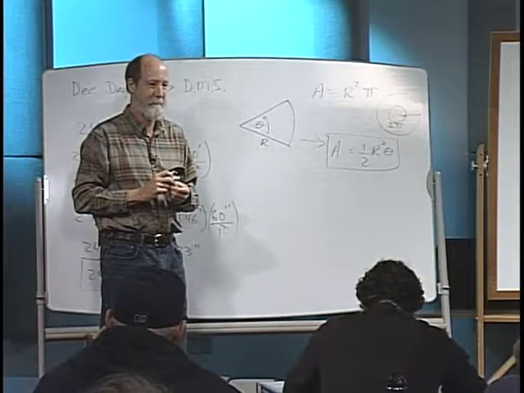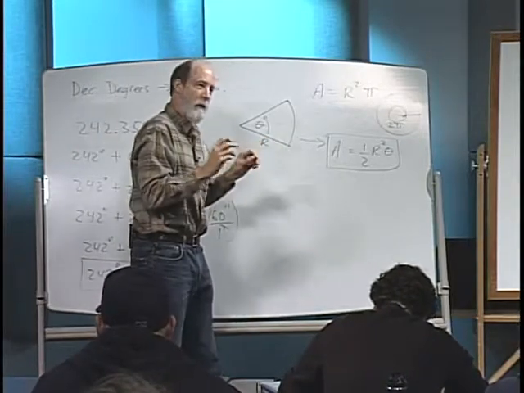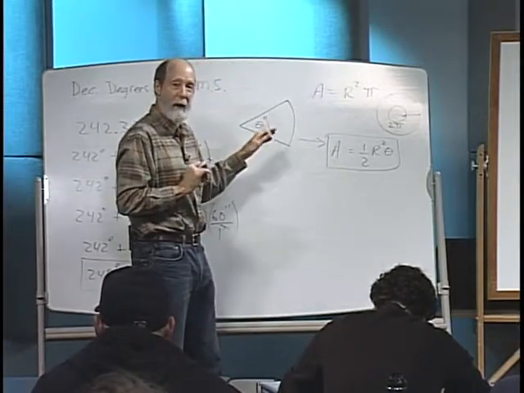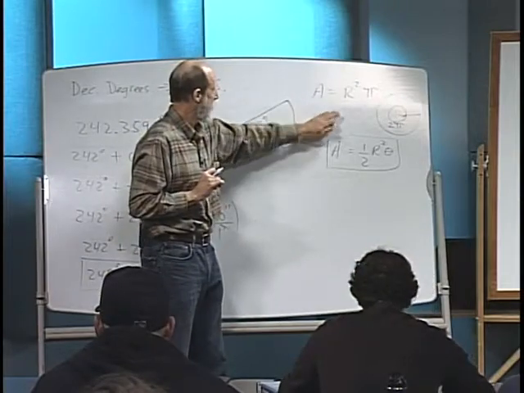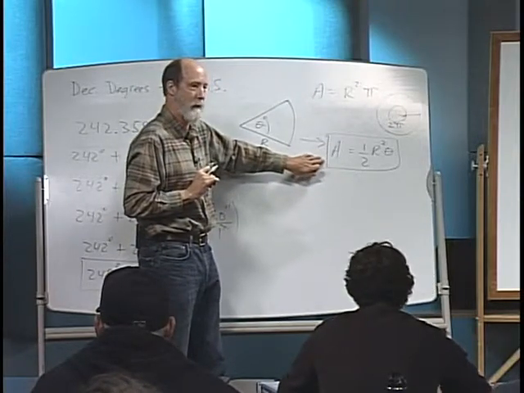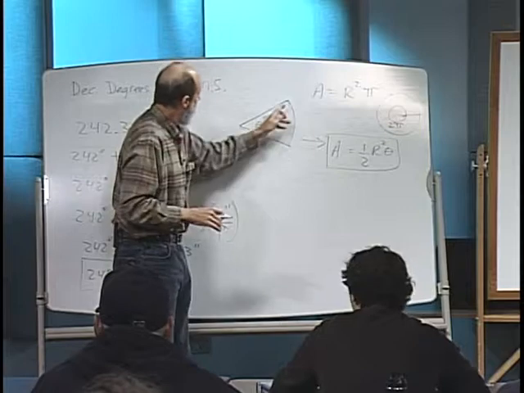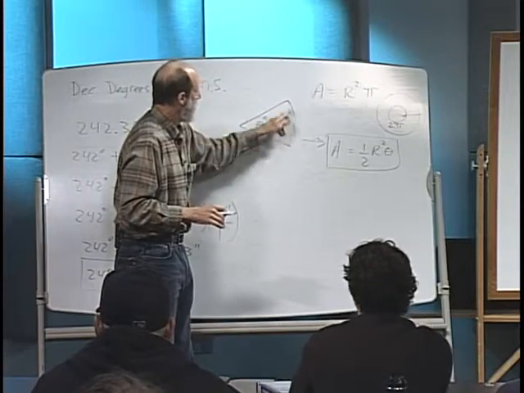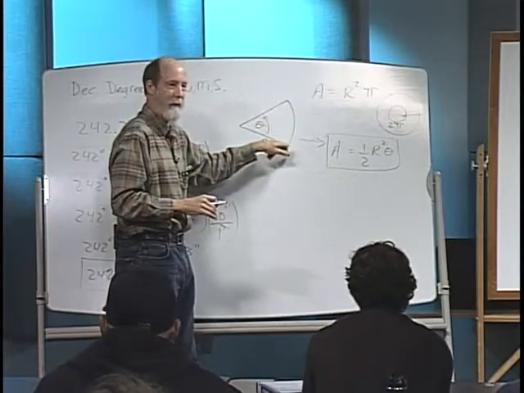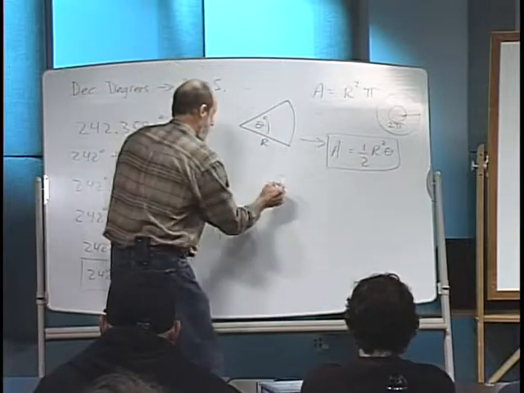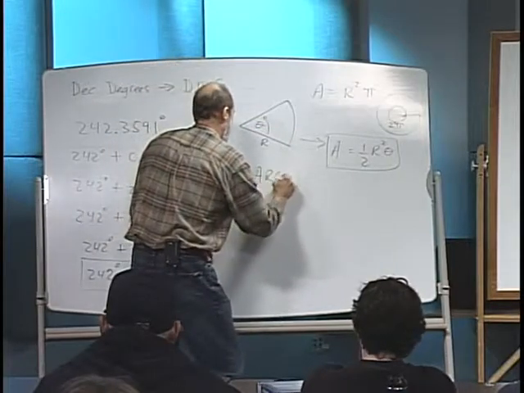Okay. Now, related to that same kind of thinking, taking something familiar to create something new, let's talk about how long that arc length might be on the edge there. So we're going to talk about arc length.